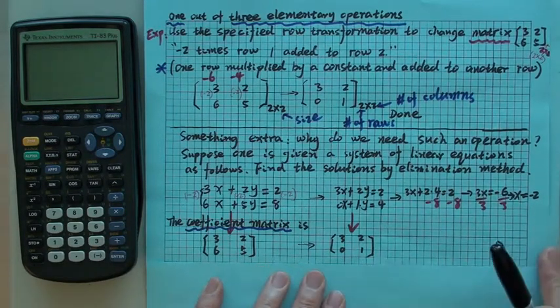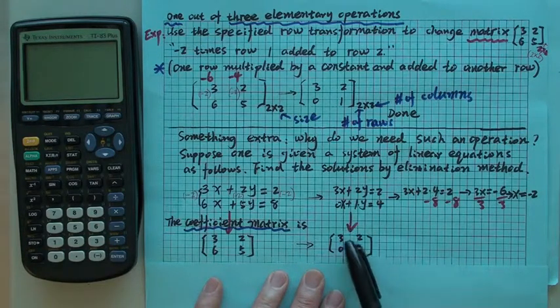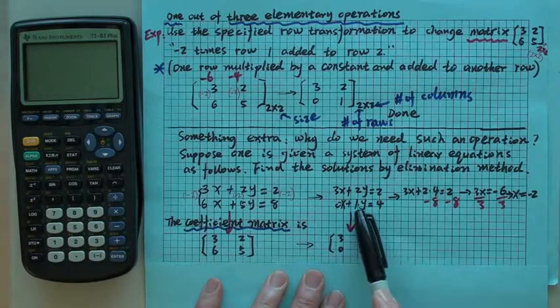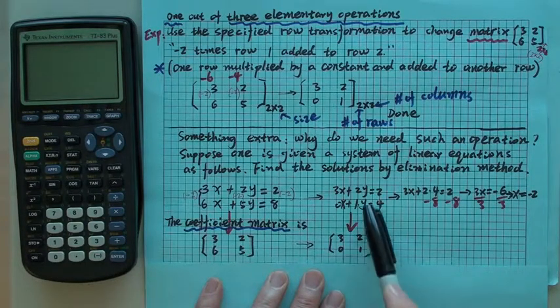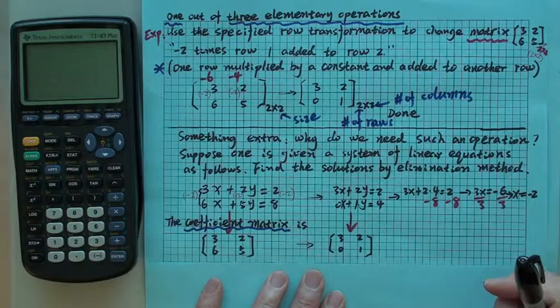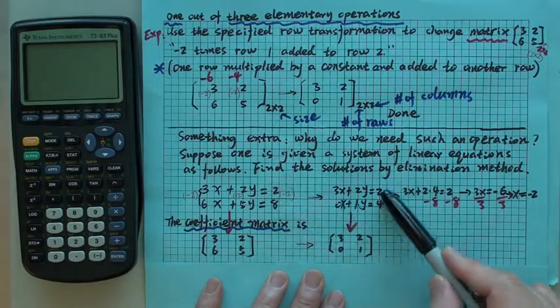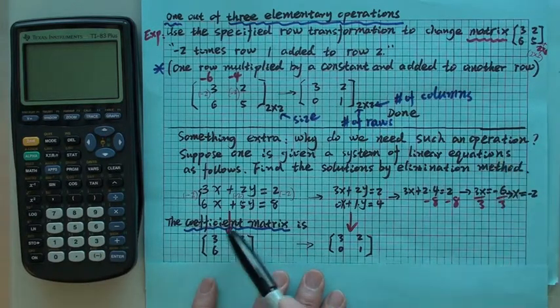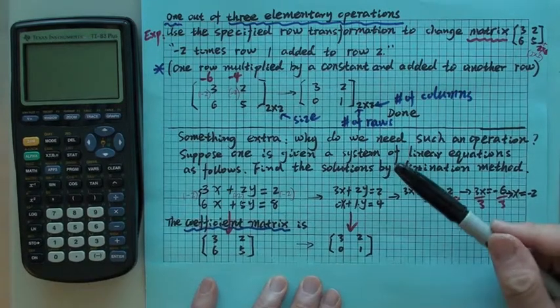Down here, the coefficient matrix will be 3, 2, and 0, 1. This is the coefficient matrix of this one. We did not include the constants right here. So the coefficient matrix of this linear system is the one right here.